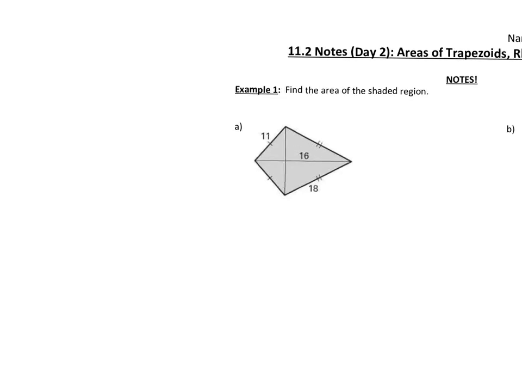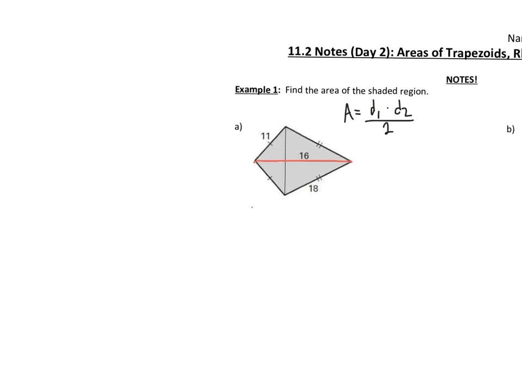This is a kite. So I'm going to write down, how do you find the area of a kite? The area of a kite is equal to my diagonal 1 times my diagonal 2, and I'm going to take that whole thing and divide by 2. So in order for me to figure that out, I need the length of my red diagonal there.